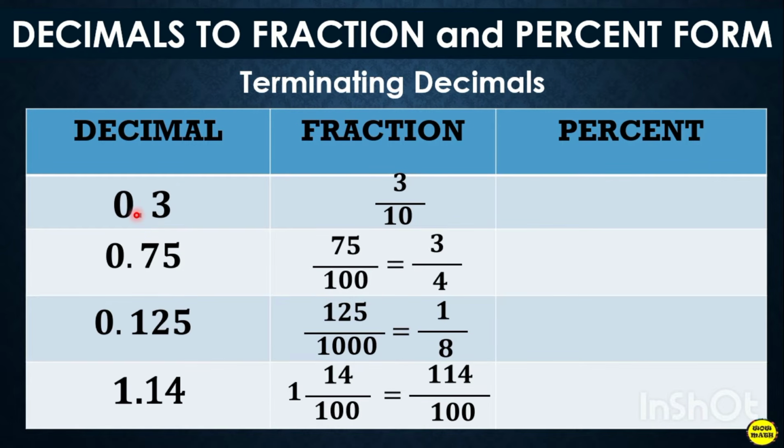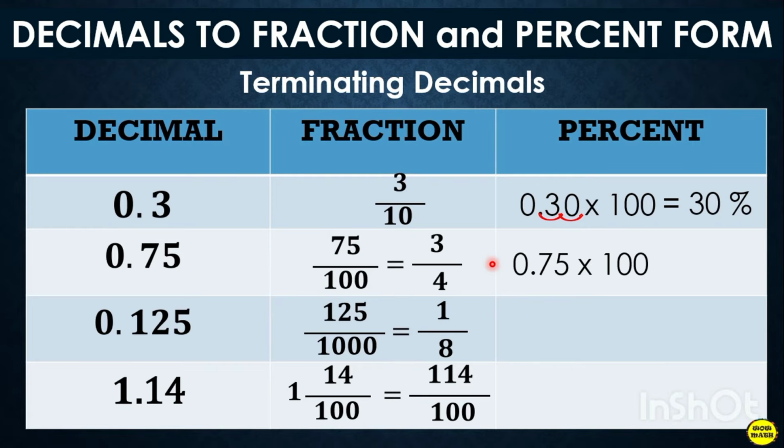So, from here, you have 0.3. Move the decimal point. So, 1, 2. If there is an empty space here, we put a 0. Therefore, 0.3 or 3 over 10 is equivalent to 30%.